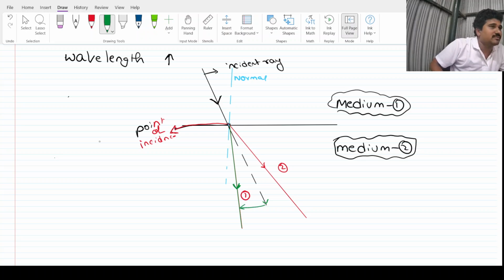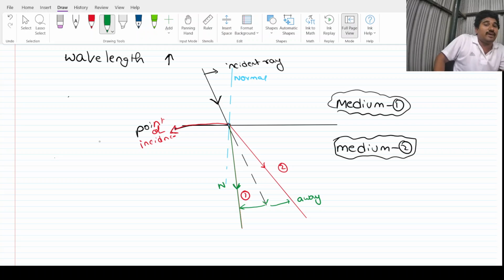Am I correct? The ray went towards the normal. The second one went away from the normal. The second ray went away from the normal. Sir, when towards the normal, when away from the normal, how will it choose?